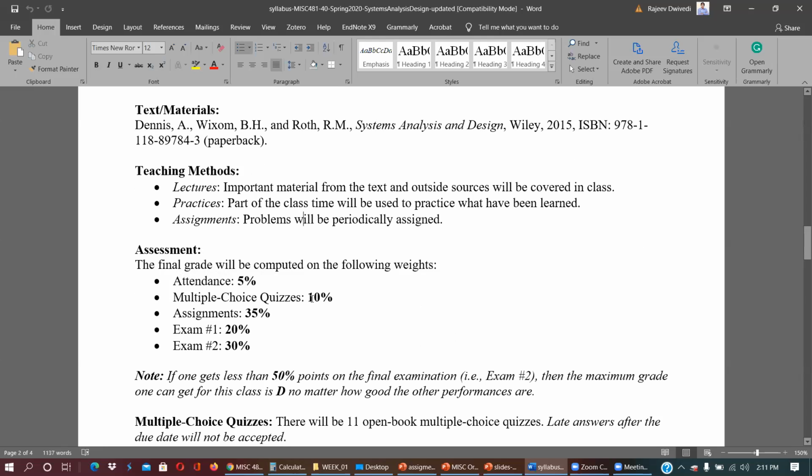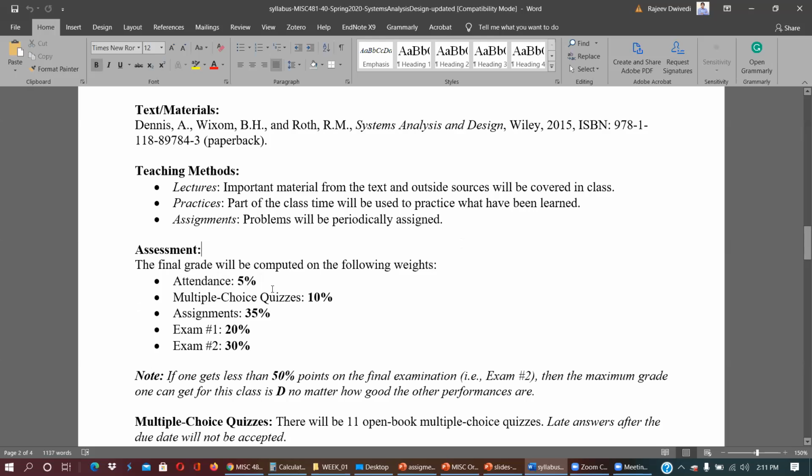There are multiple choice questions, which are 10%. Those will be a couple of times; I will give some multiple choice questions, and that will have 10% of the weightage. Every week we will have an assignment, and the total weight of all the weekly assignments is 35%.